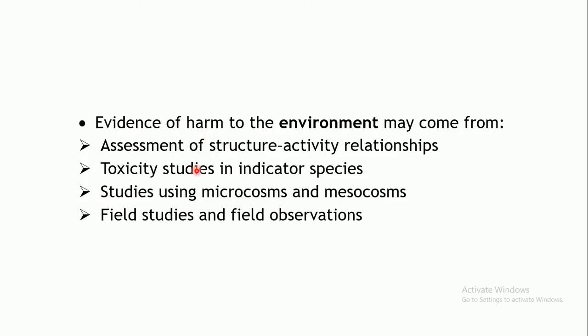This can be done from the assessment of the structure activity relationship of that particular drug or substance, and toxicity studies in indicator species. You can utilize certain species and carry out toxicological studies in them, or use microcosms or mesocosms.